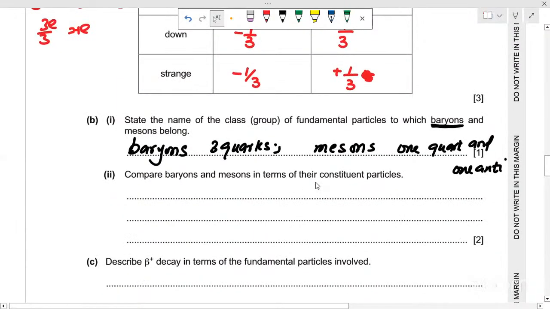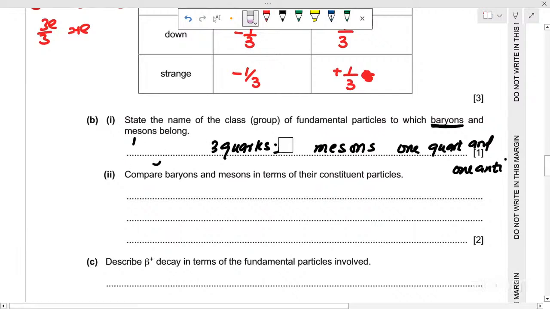Compare baryons and mesons in terms of, here in this part, state the name of class of fundamental particles to which baryons and mesons belong.